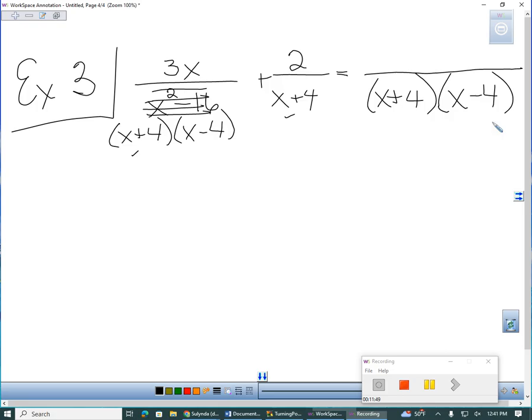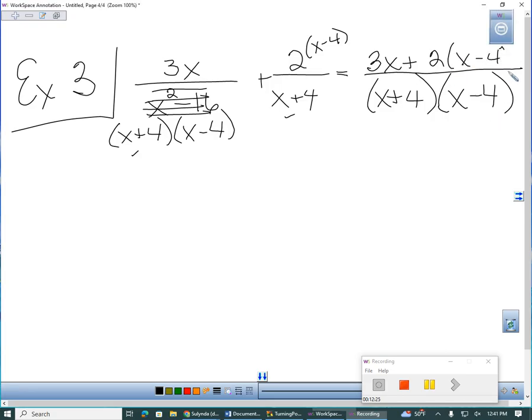All right, so now, in this first one, I have both factors. So do I need to multiply 3x by anything? Okay, so I'm going to have 3x plus. What about the second one? It's got the factor of x plus 4, but it doesn't have x minus 4. So I'm going to times this by x minus 4. All right, so I have 2 times (x − 4).